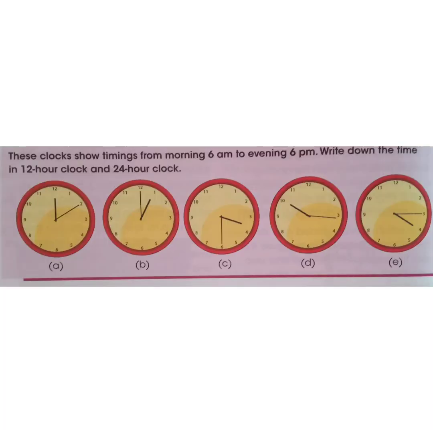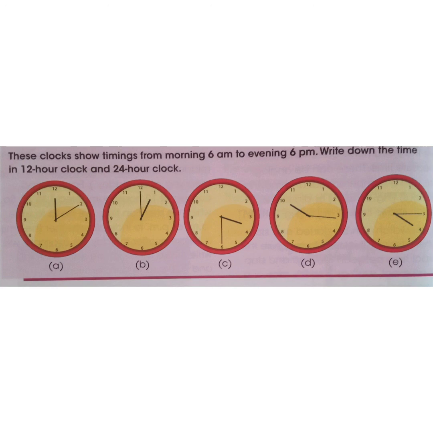Listen, children. This is the homework. Page number 26. These clocks show timing from morning 6 a.m. to evening 6 p.m. Write down the time in 12-hour clock and 24-hour clock.